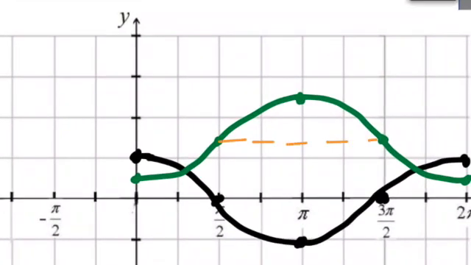Alright, here's my midline. It's going through 1.5. It's probably not quite in the middle. So here's 1.5, here's the middle. Okay, there we go.